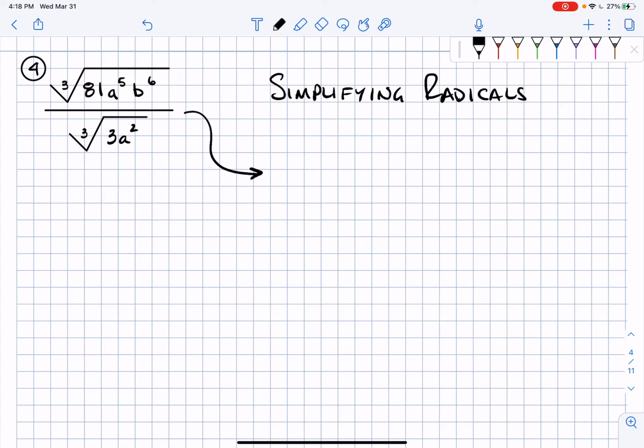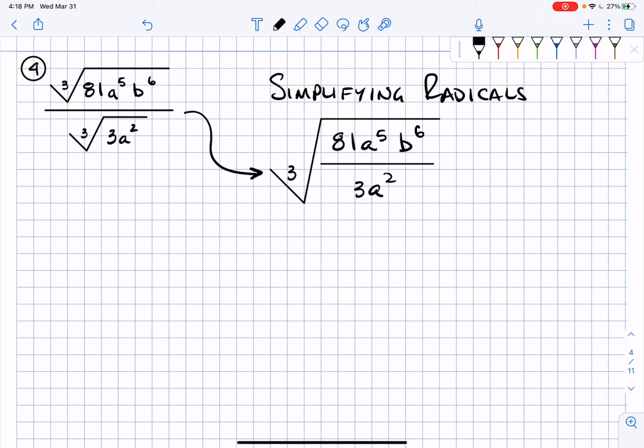Okay, so I could just call this the cube root of 81, a to the 5th, b to the 6th over 3a squared.